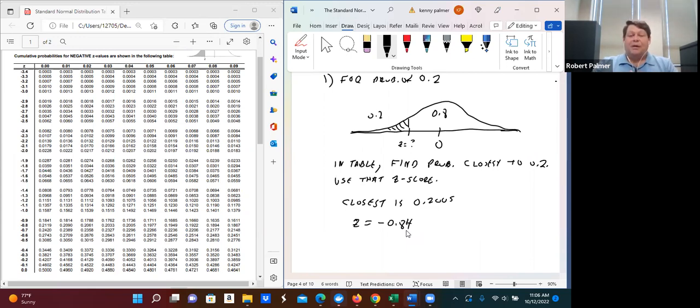If you're going to be on a 7 or 8 hour flight, you don't want to sit in a really tiny seat. So they may try to design a seat that will comfortably fit, say, 90% of people. What you have to do is work backwards to figure out what z-scores give you that 90% value, and then find out what heights go with those z-scores. That's an example of how you might use this in real life.